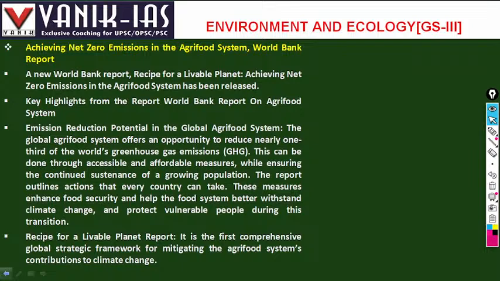This can be done through accessible and affordable measures while ensuring the continued sustenance of a growing population. The report outlines action that every country can take. These measures enhance food security and help the food system better withstand climate change and protect vulnerable people during this transition. A Recipe for a Livable Planet is the first comprehensive global strategic framework for mitigating the agri-food system's contribution to climate change.